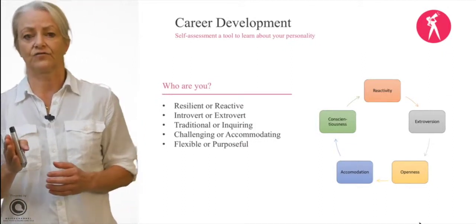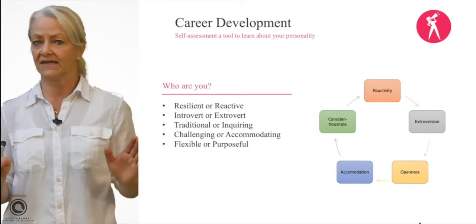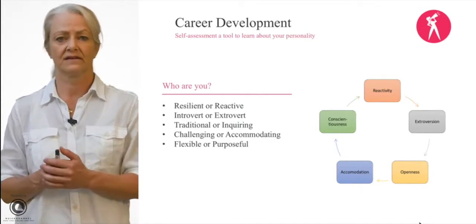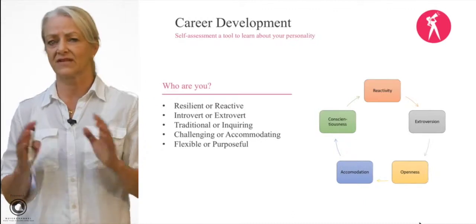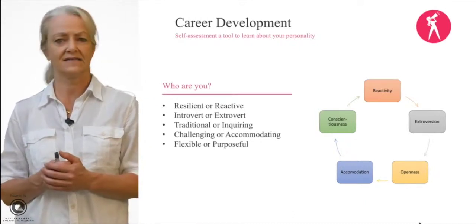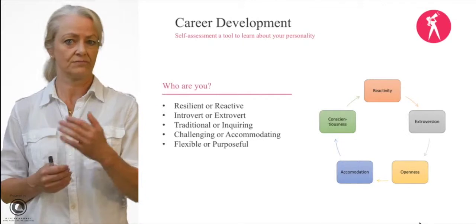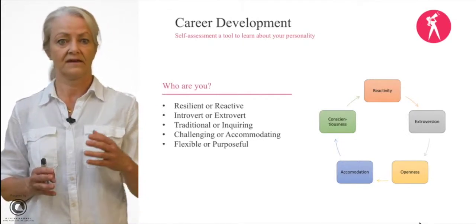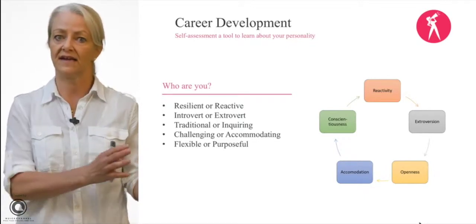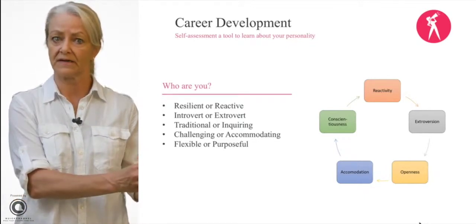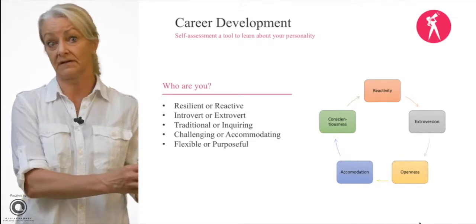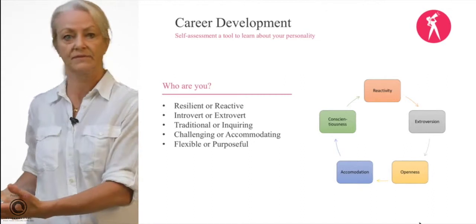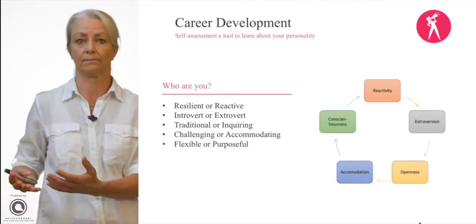Then we take extroversion. A very common thing I hear from my clients when I coach them is, I'm not good at networking because I'm so introverted. And I say, it doesn't have to do with that. You can be introverted and excellent at networking. Introvert just means that you get energy from small groups of people, or you get energy just being by yourself. Extroversion means you get energy by being surrounded by a lot of people.